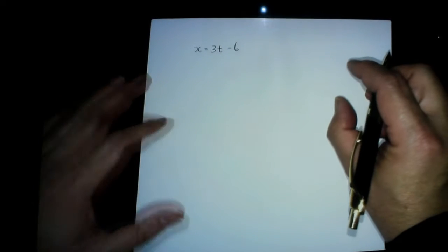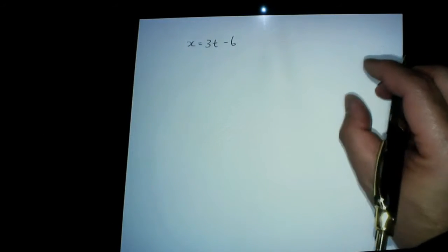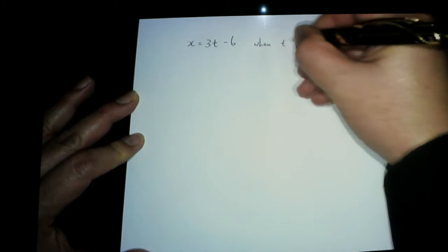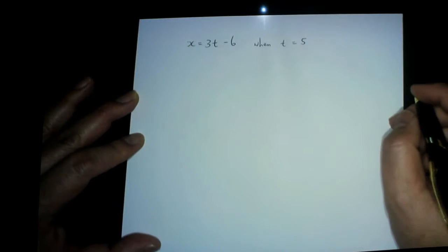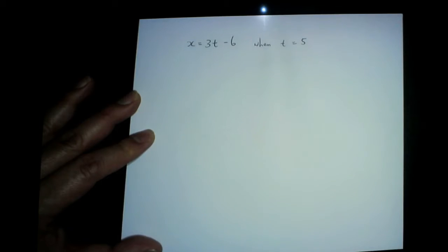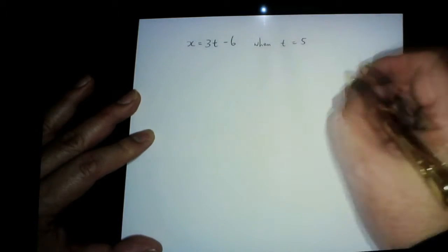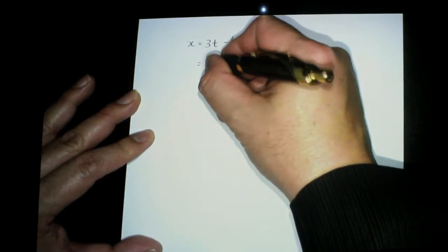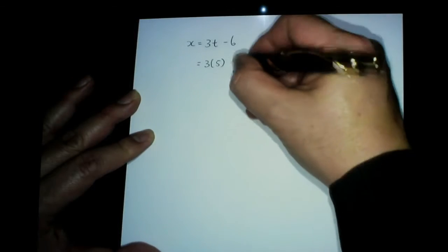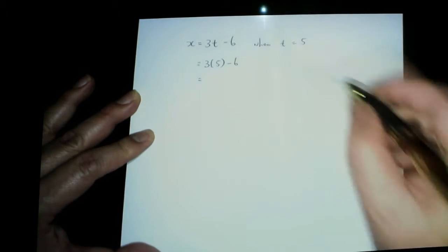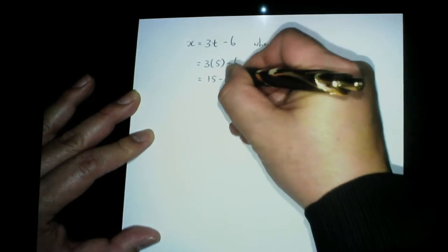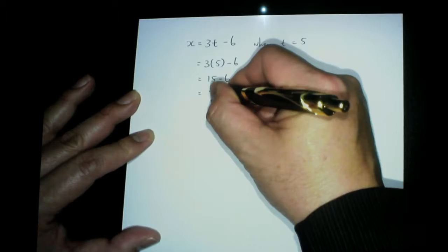So we are supposed to find out the actual value of this equation when t is equal to 5 for part A. Yesterday I showed you that in order for us to put t into the equation, what we need to do is to put 3 bracket 5, because that's the value of t, minus 6 into the equation. And when we simplify, you have 3 times 5, which is 15, minus 6, and the end result is 9.